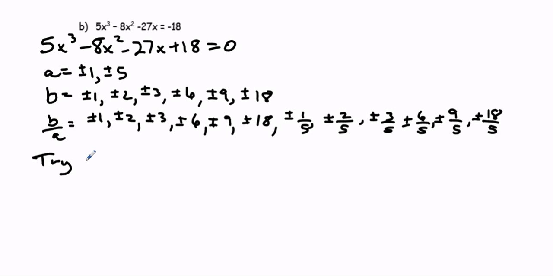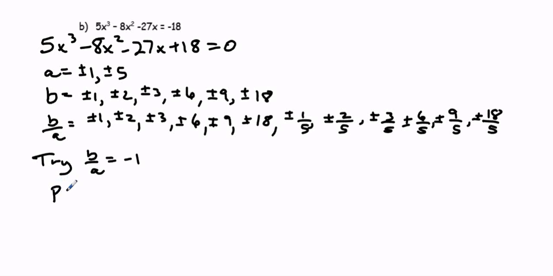Okay. Well, we're going to pick one of our whole numbers to try. So we're going to try with, we can call it b over a equal to, let's see, if we look at our coefficients, 5 minus 8 is minus 3, and minus 3 plus 18 is not going to give, this isn't going to give me 0. So I'm not going to even bother with 1. I'm going to try b over a equals -1.